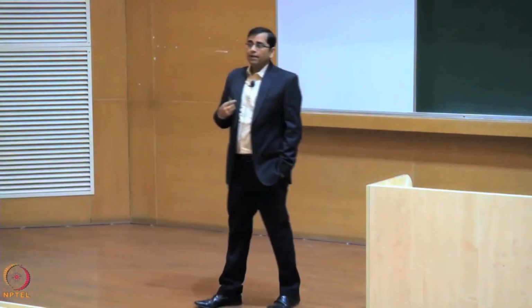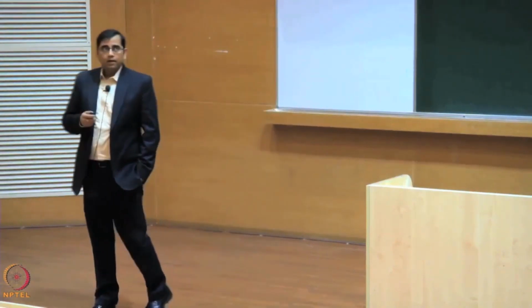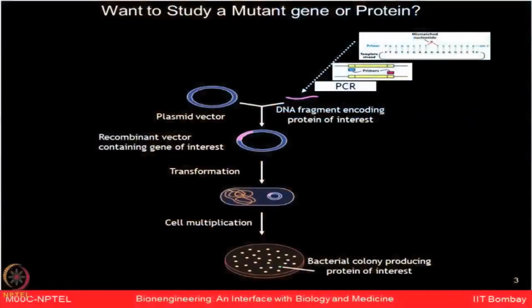If I go back to the last lecture, if you remember, we were talking about gene cloning. You remember this workflow: we have a plasmid vector, and if we want to fuse a gene of interest, you are making a recombinant DNA molecule. That vector contains some marker genes, like antibiotic resistance genes, so you can select the right clone.